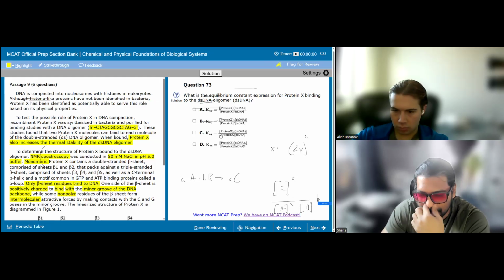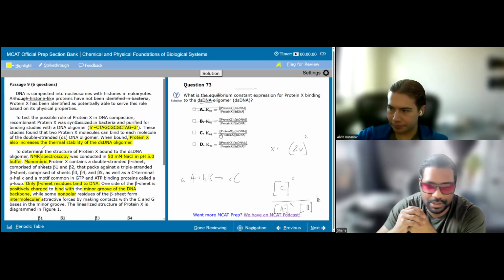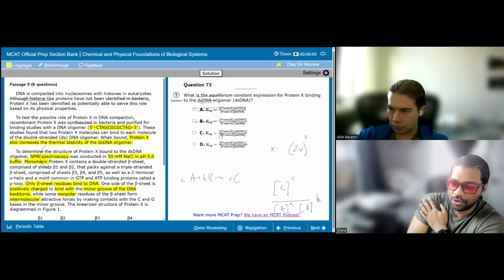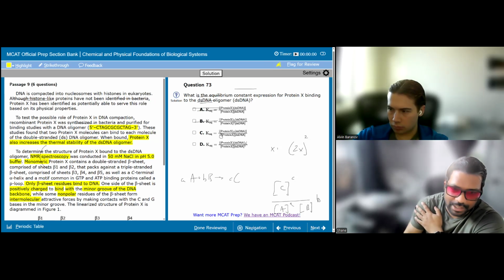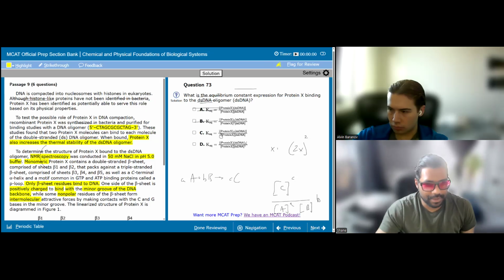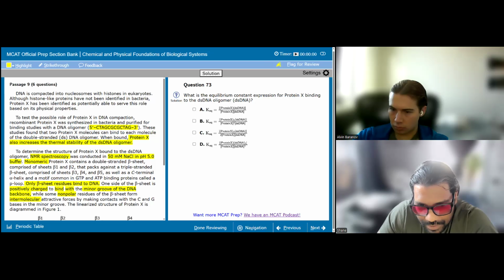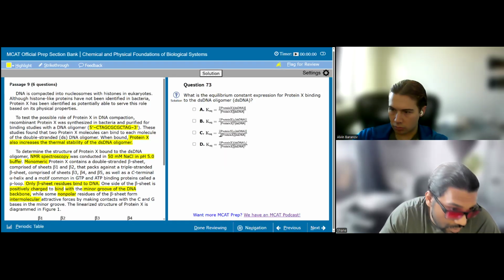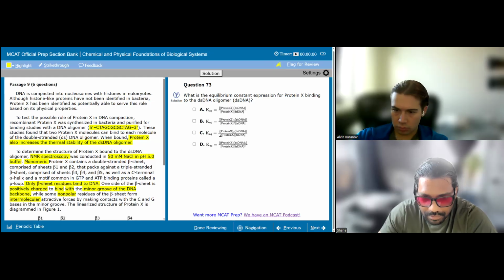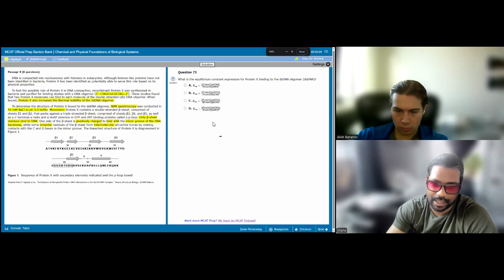That holds true for K_c, K_w, K_a, all of that. So we never have a coefficient in front, and it has to be a superscript, which we see in the denominator for B.